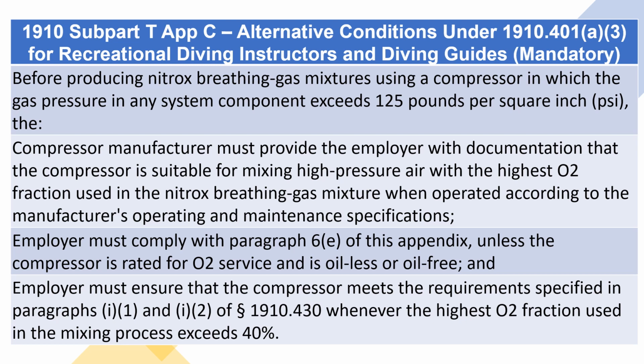Employer must comply with paragraph 6E of this appendix unless the compressor is rated for O2 service and is oil-less or oil-free. And employer must ensure that the compressor meets the requirements specified in paragraphs I-1 and I-2 of section 1910.430 whenever the highest O2 fraction used in the mixing process exceeds 40%.